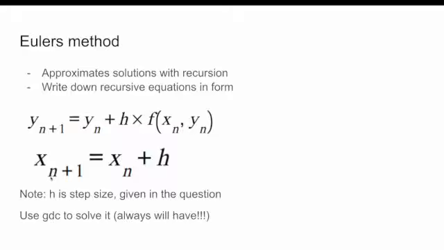We will see later that h is the step size, so that's always given in the question in some way, shape, or form. All you need to do is fill these in, type them directly into the recursion function of your calculator, and make sure to fill in any initial conditions, and you can solve it.